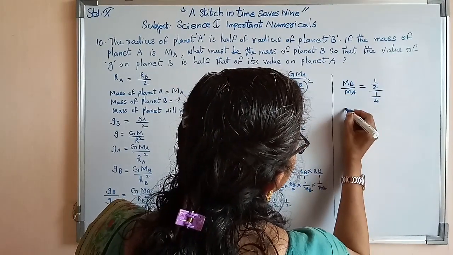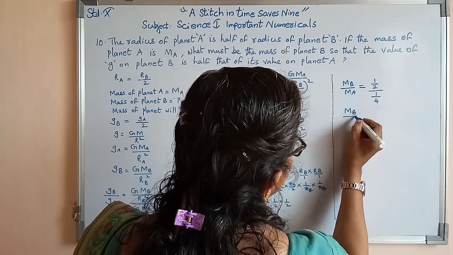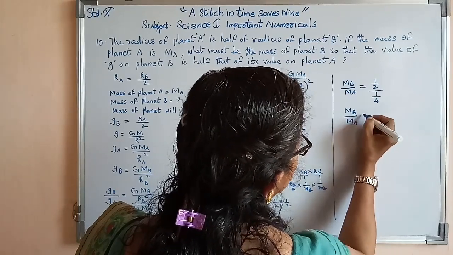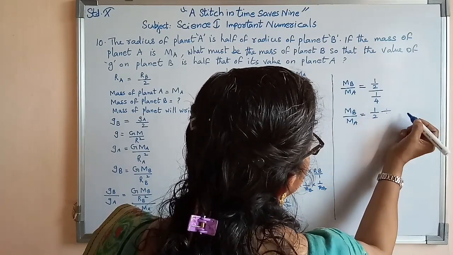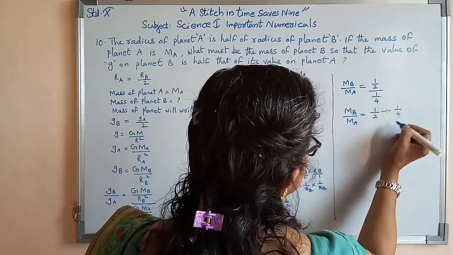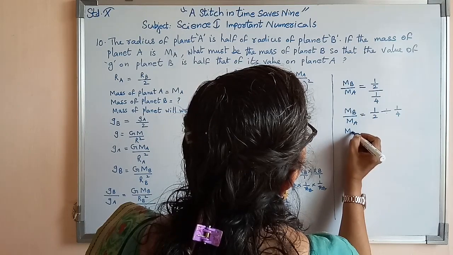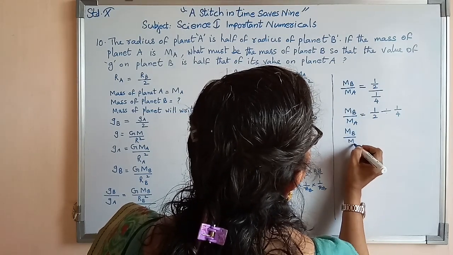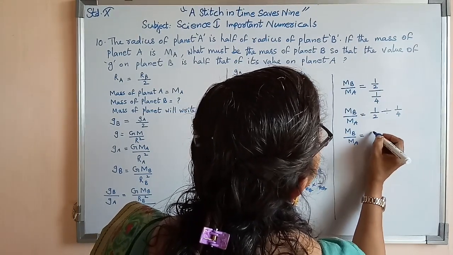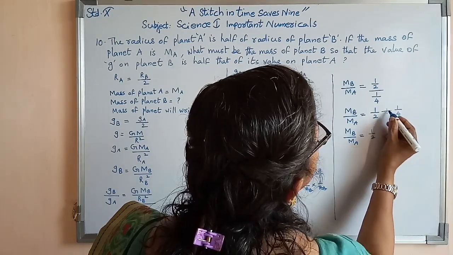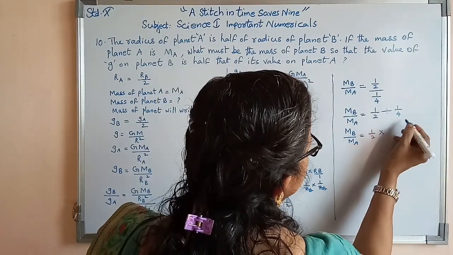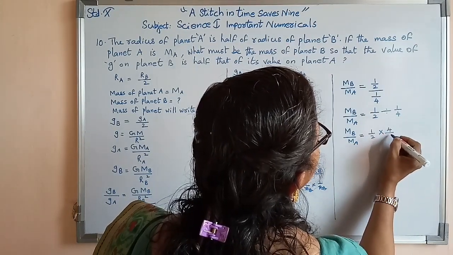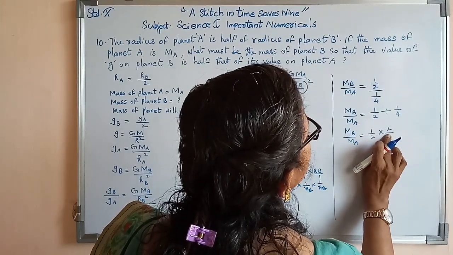Now Mb upon Ma is equal to 1 upon 2 divided by 1 upon 4. Now this division sign will be changed to multiplication sign, then the reciprocal, 4 upon 1.